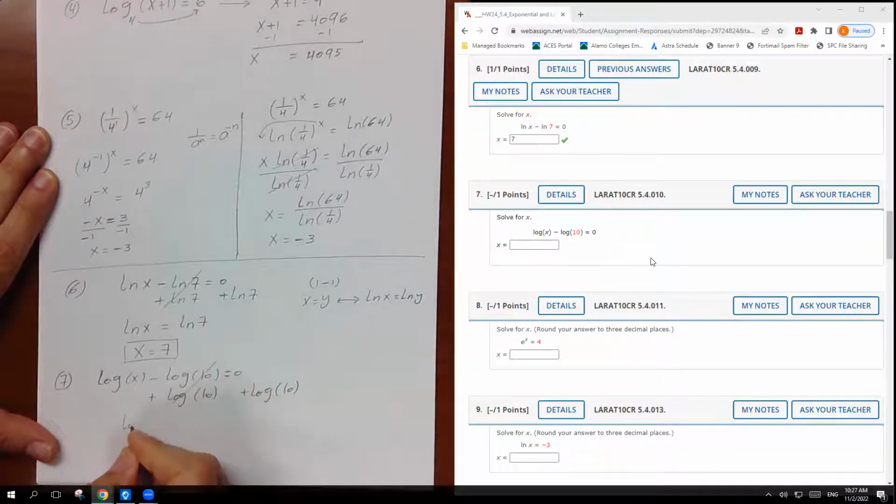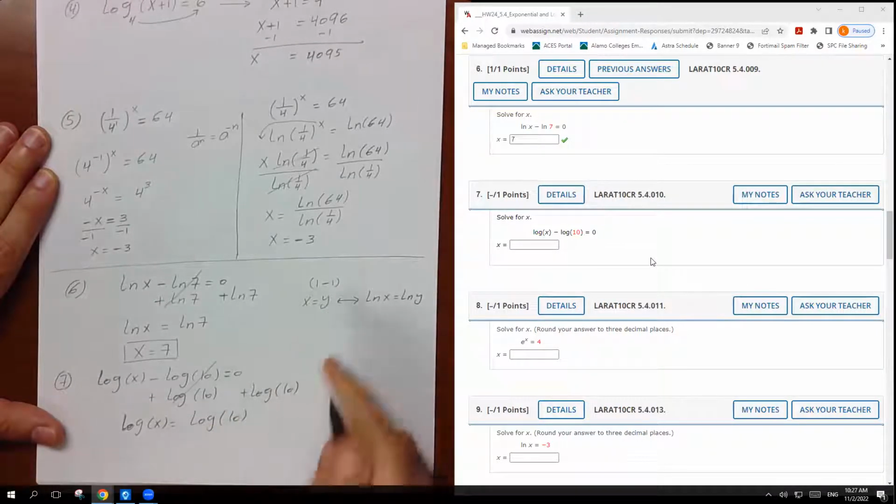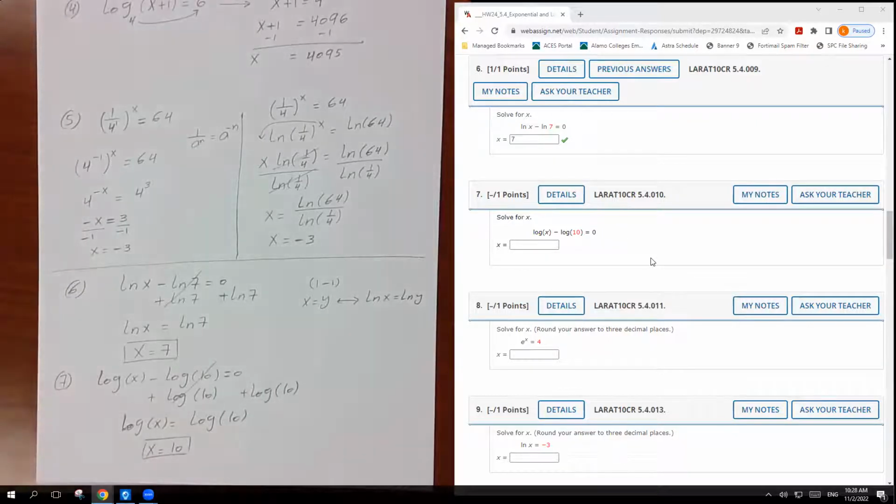So it's going to be log x equals log 10. Then the same property, log x equals log y, that means x is going to be equal to 10. That's it for this example. So we're just going to type 10.